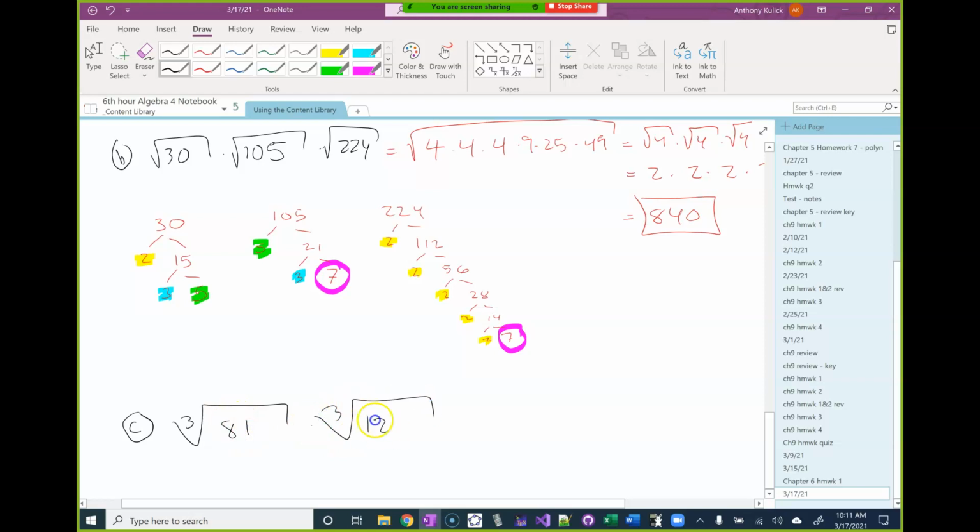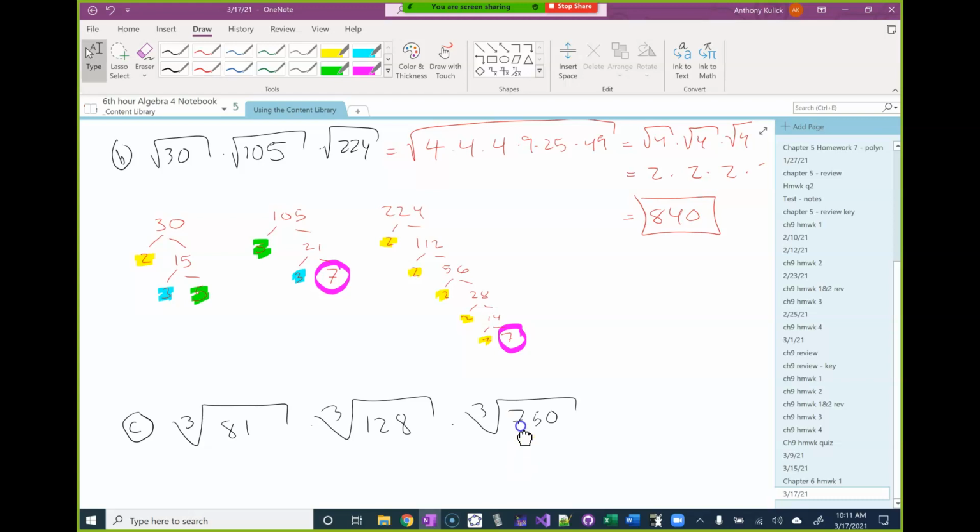Again, probably not a problem where I'd want to multiply everything together because you're just going to get a monster number out of that. That'll be a pain to try to simplify. So instead, what I'm going to do is just go and do the prime factorization. So 81 is 9 and 9. So each of those is 3 and 3.